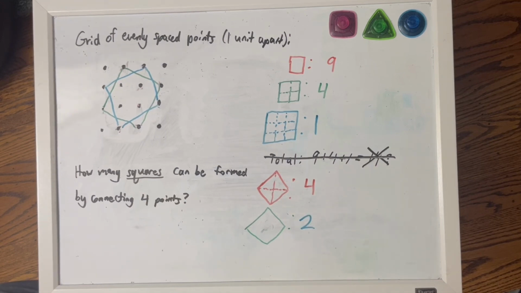And so there are 2 of these that we have to take into account. There are no other side lengths that work because the other ones will be too long or they're so short we already counted them. Those are all the cases. So now we can add them up to find the total number. And that gives us a total of 20 squares.